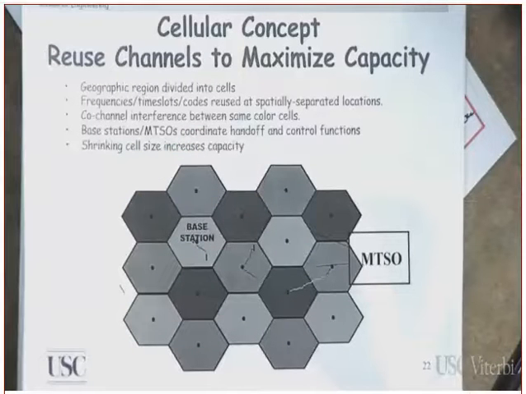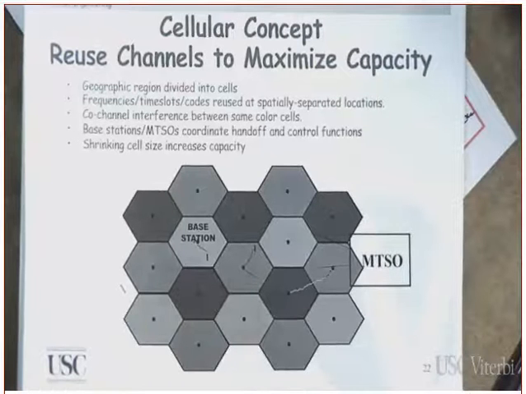In using CDMA, what does CDMA stand for? Code division multiple access. Users are allowed to use what? The same frequency, at the same time, but using different what? Codes. Are you following me on that? Now, in this case, the codes are supposed to be what? Orthogonal. Orthogonal means what? The dot product between them is equal to what? 0. So the receiver is able to distinguish between them.